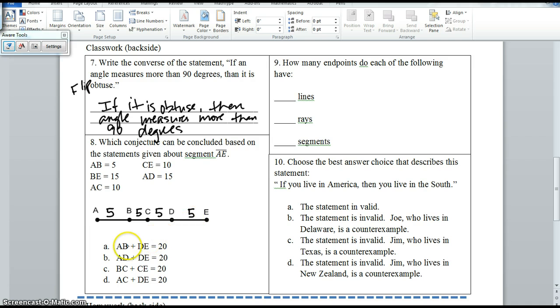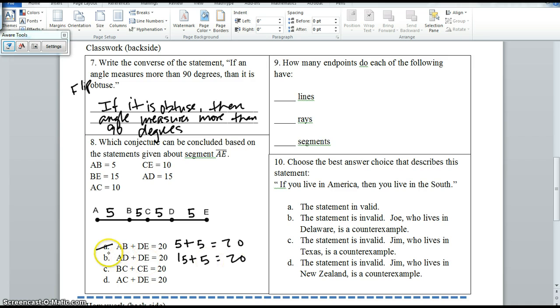Okay? Now let's go. Letter A. AB 5 plus DE 5 is equal to 20. True? Nope. AD, that is 5, 10, 15 plus DE gives me 20.